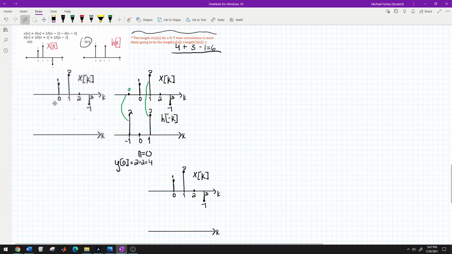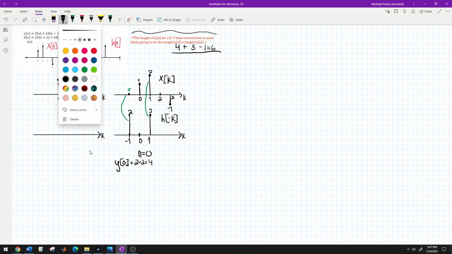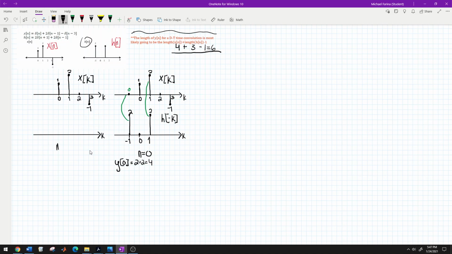Now we can shift right by n equals negative 1. So we'll write n equals negative 1, and that's just bringing this all left. We're shifting right by negative 1, so that's a shift left by 1. So we'll have an impulse here, this is a 0, and then we'll have an impulse here.